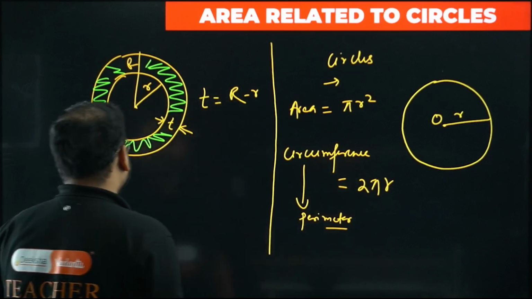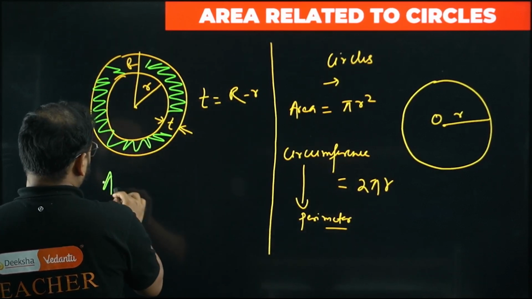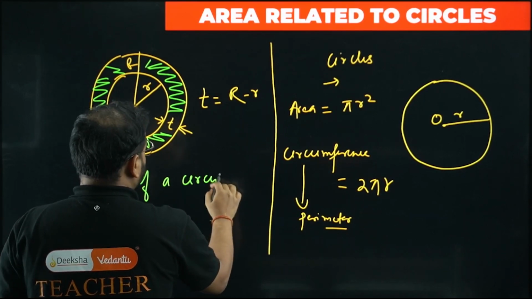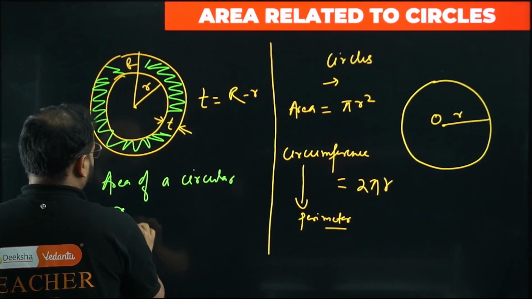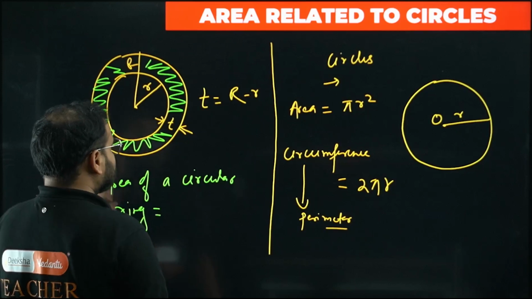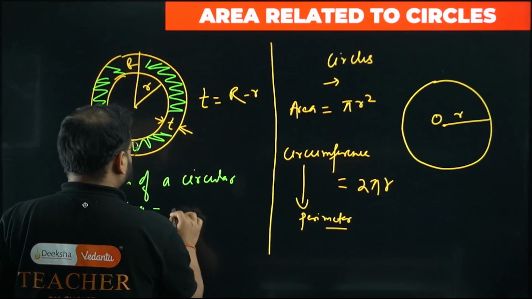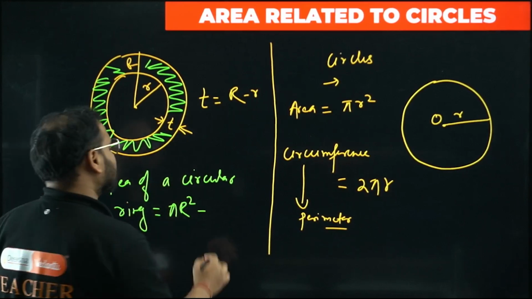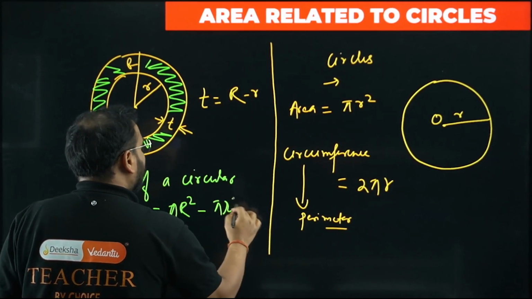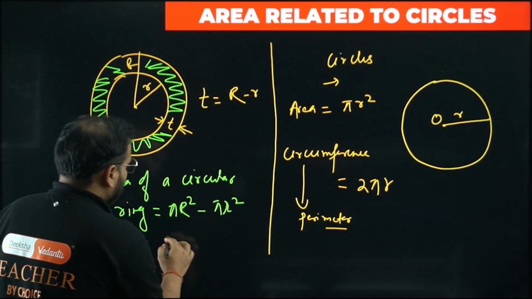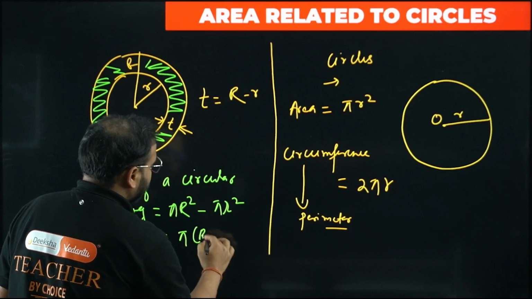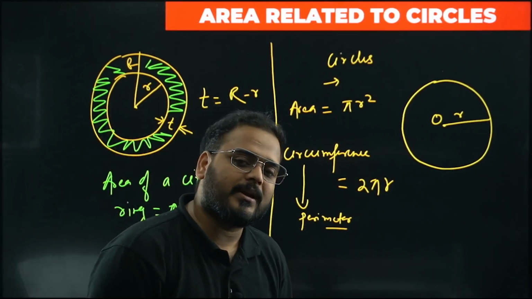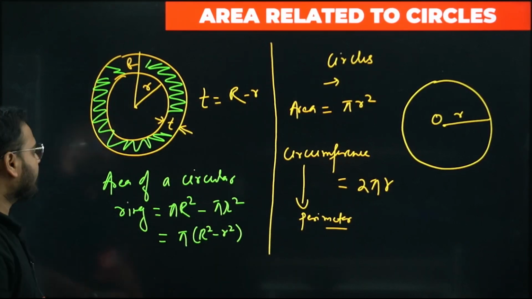So the area of a circular ring is given as the outer circle's area, which is pi R squared, minus the inner circle's area, which is pi small r squared. So I can write this as pi times (R square minus r square). Excellent, sir. I hope this is clear.